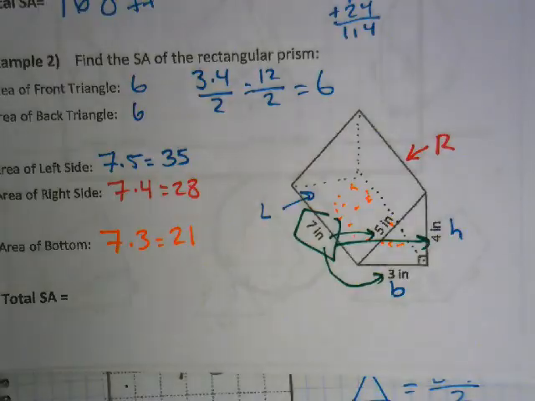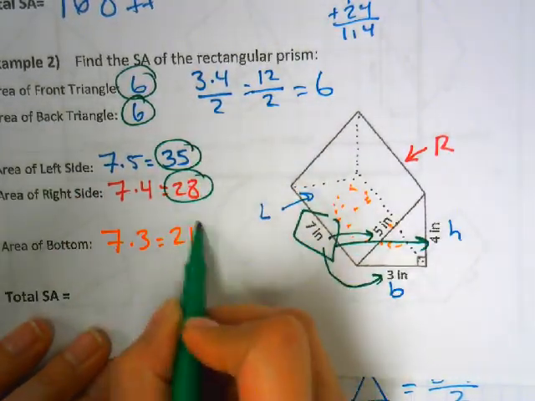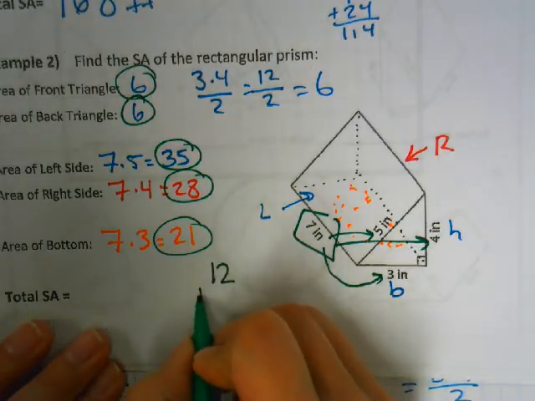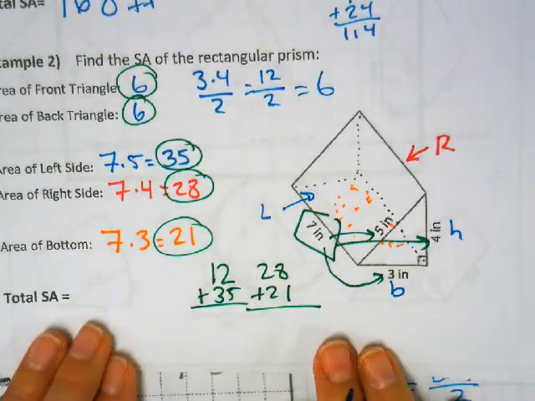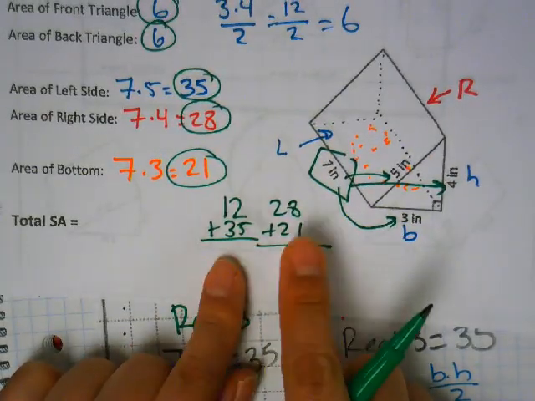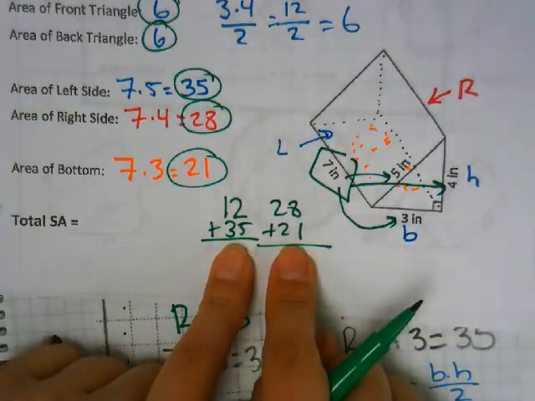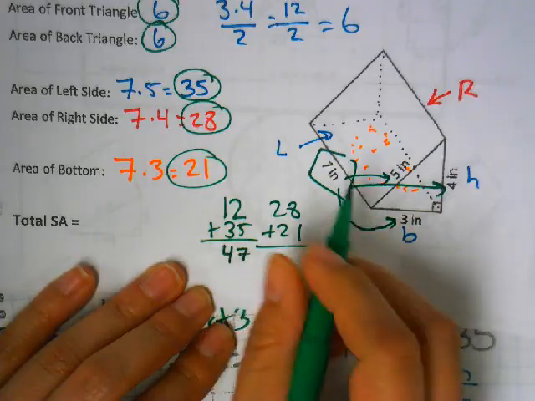Okay, now we're going to add 35, 28, 21. So now we're going to add this. 12 plus 35. 28 plus 21.